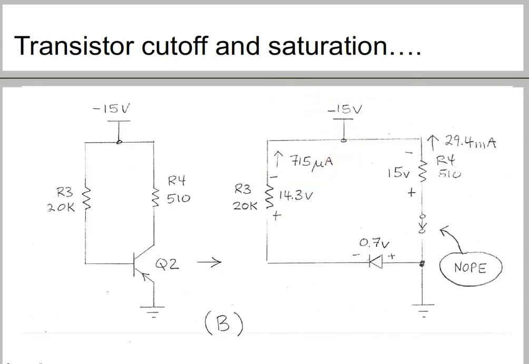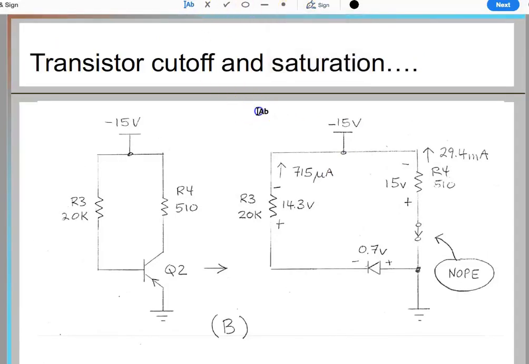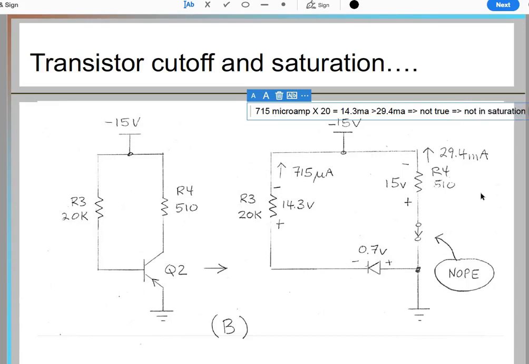We'll do the same thing here. After multiplying 715 microamp by the gain 20, we get 14.3 milliamps, and this should be greater than 29.4 milliamp, which is not true. So definitely not in saturation mode.